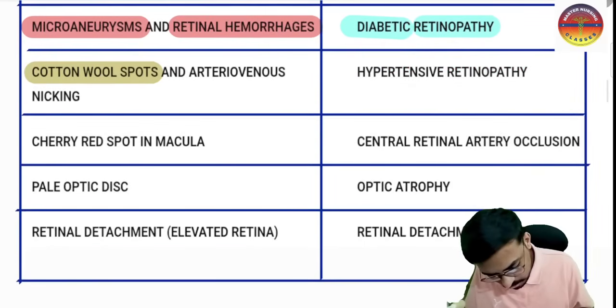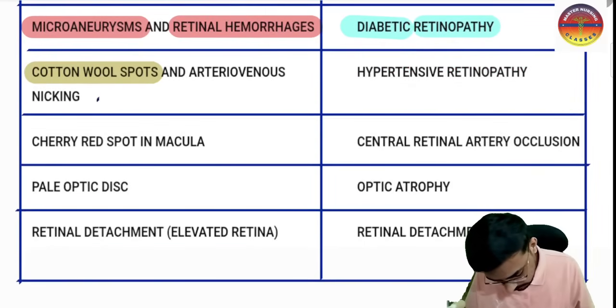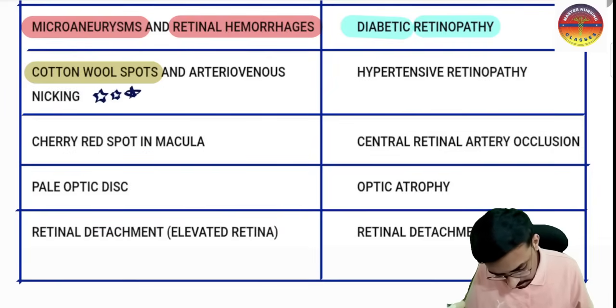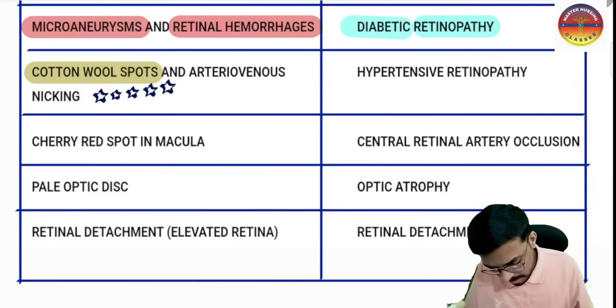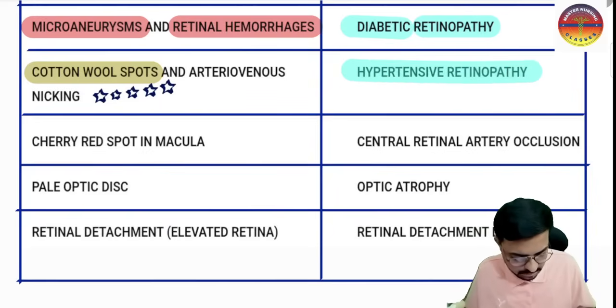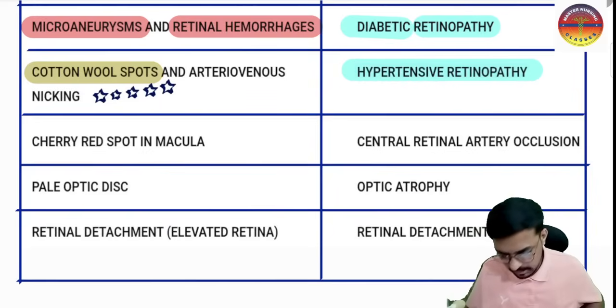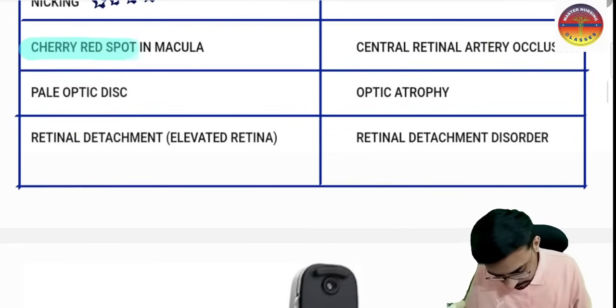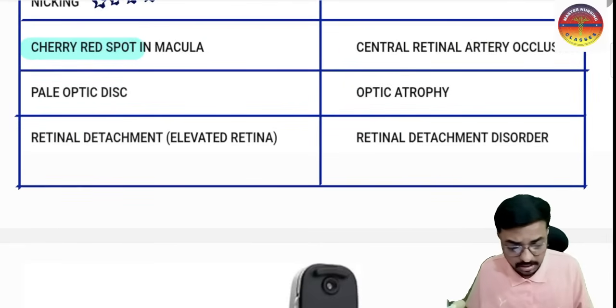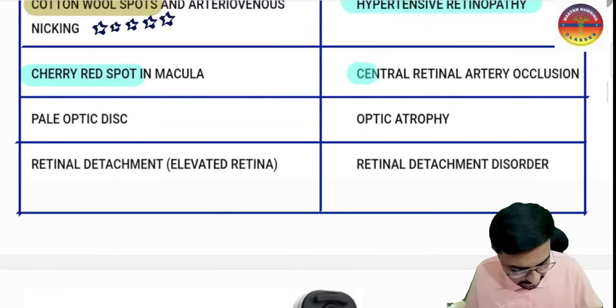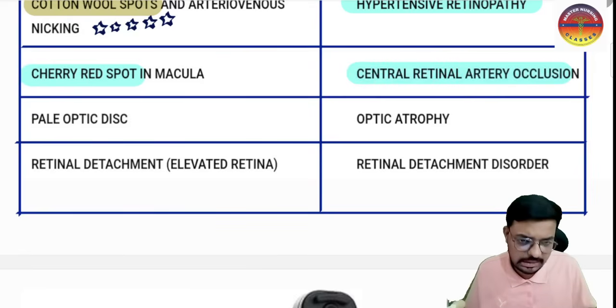And the cotton wool spot, a five-star word, which we see in fundoscopy, will be seen in hypertensive retinopathy. Very important. Next, the cherry red spot in the macula indicates central retinal artery occlusion.